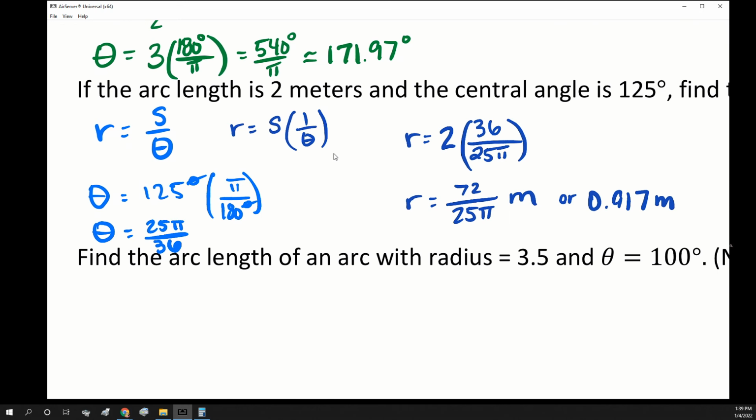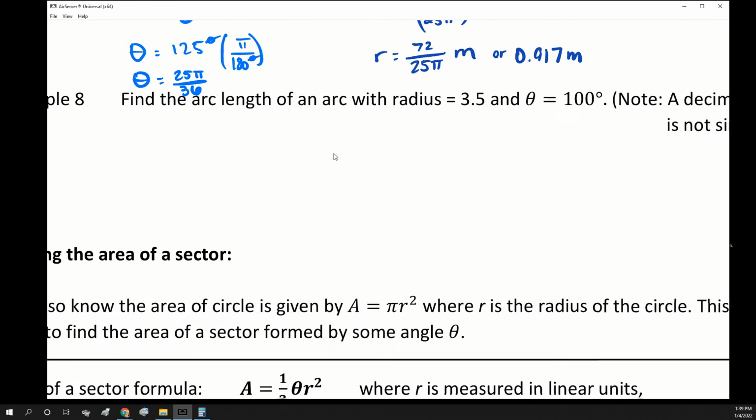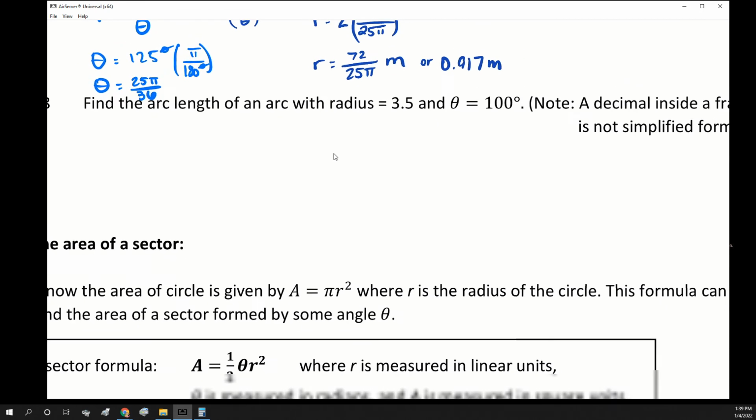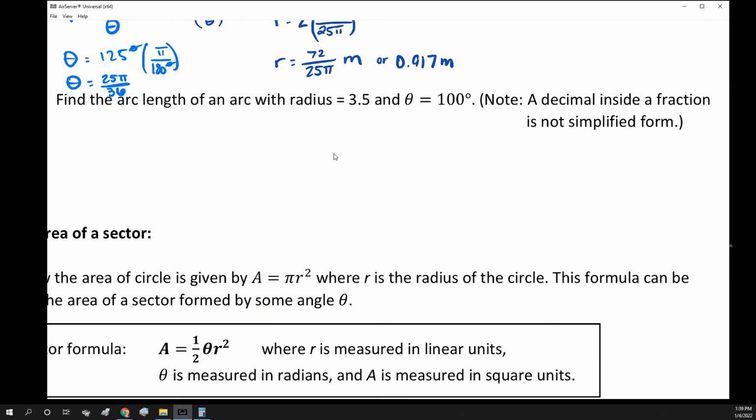All right, let's look at example 8. Find the arc length of an arc with a radius of 3.5. Didn't give a unit. Let's say it's centimeters. And theta of 100 degrees.